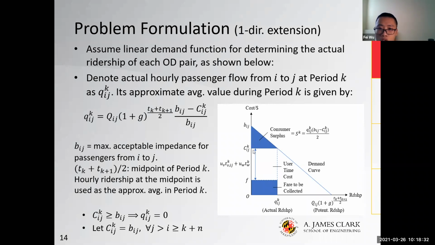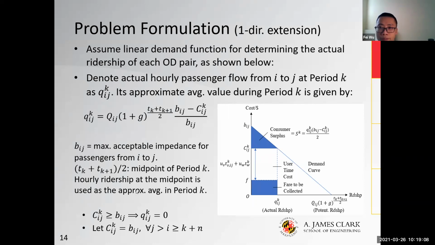As you can see in the shaded area, this triangle marks the consumer surplus, while there is a rectangle marking the total fare to be collected for this fraction of passengers for this OD pair I to J. The user's time cost is also marked with the in-vehicle time and waiting time.